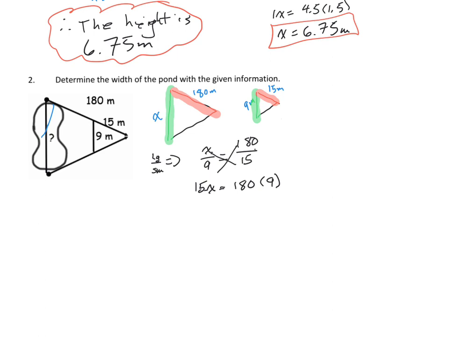And solving for x, when we divide by 15 on both sides, we're left with x is equal to 180 times 9 divided by 15.